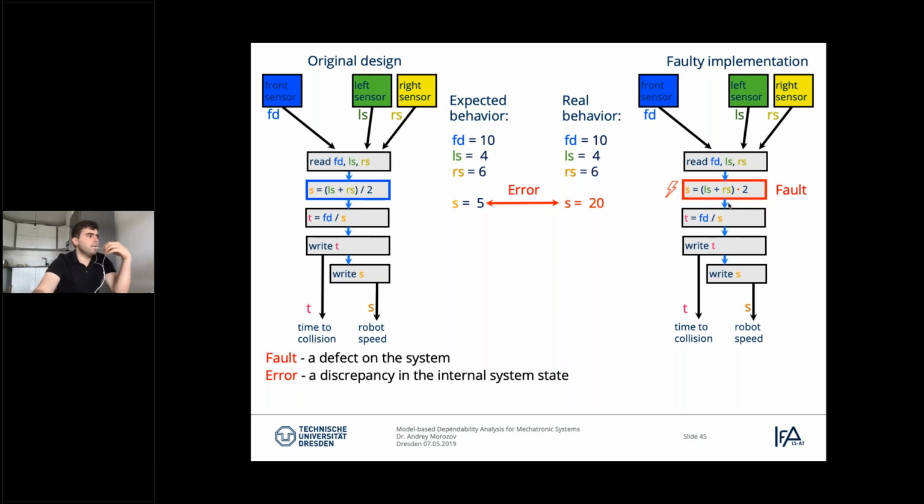Because the fault was activated, we have a difference in the internal state of the system. Up to now, we have not provided this output. That's why it is the internal state of the system. And this difference we call an error. Because of this error, we have another error because the value of t is now also different.